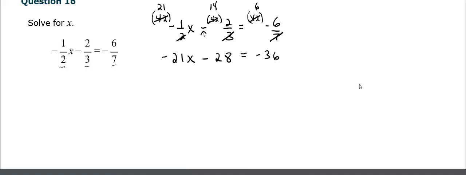So now we're to the stage where we're going to isolate our variable. So I'm going to add 28 to both sides because I'm isolating my variable on the left hand side. And negative 36 plus 28 is negative 8.